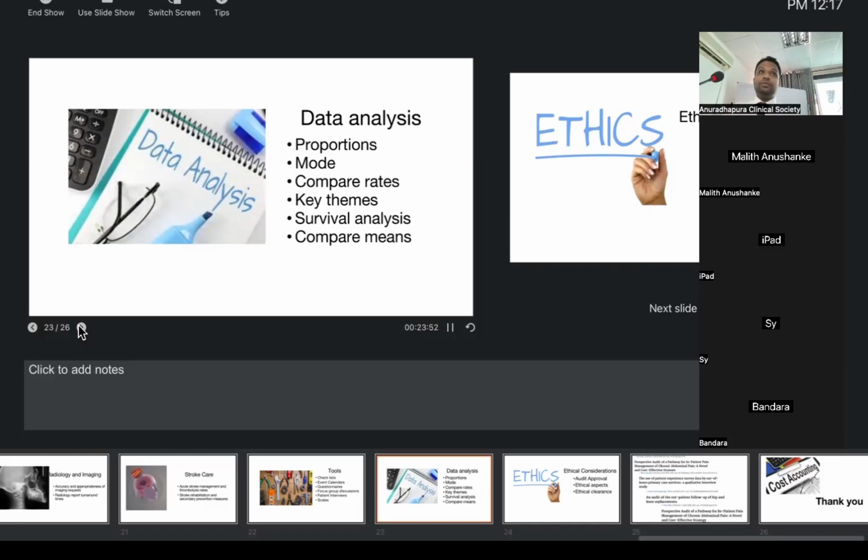Right? So you can identify the key themes, as in the example of patient satisfaction. What are the key themes? If they are satisfied, what are the key areas they are satisfied about: the quality of dresses, the way the hospital staff is dressing, the punctuality of the staff, the communication skills, or the management?